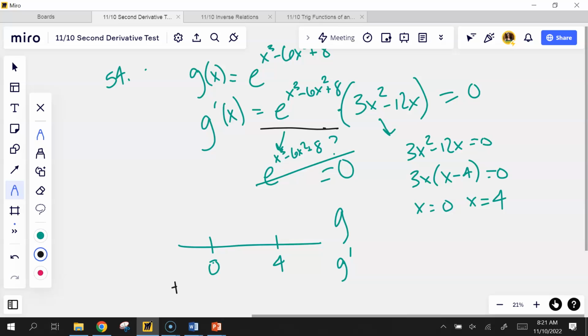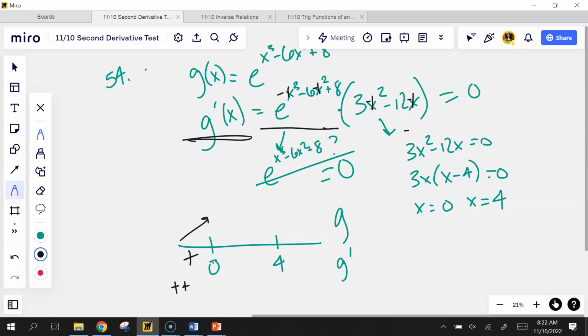So you plug it into the derivative. Look at your derivative, and this is where I'm testing. If I plug in, let's say -1, for every x, do I get a positive number or a negative number? This is going to be +3, plus that's going to be another positive. So a positive times a positive is positive. And if my derivative is positive, that tells me my function is increasing. That's that first derivative test.